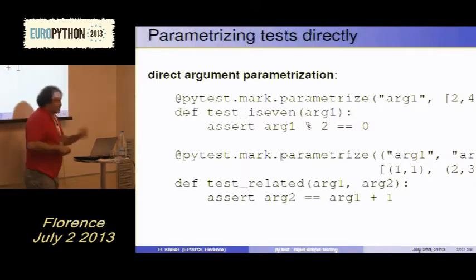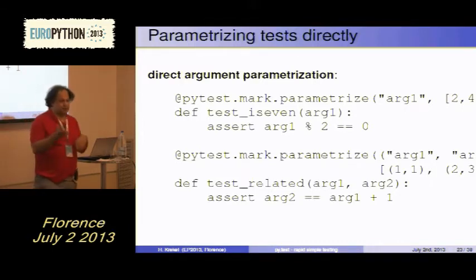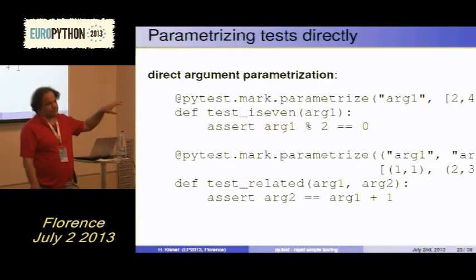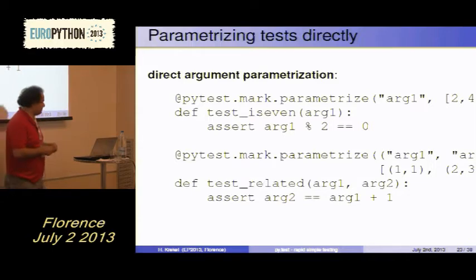The reason some people use this very much, especially if you have algorithms like parsers, for example, they get certain strings and they have a certain AST representation they should produce, or things like this. You basically have a large table, like this is my input, this is my output, this is my input, this is my output. And the test function is very simple. It just takes the input, sends it to some parsing function, and then compares it against the expected output. And you basically just have a data-driven input-output test.